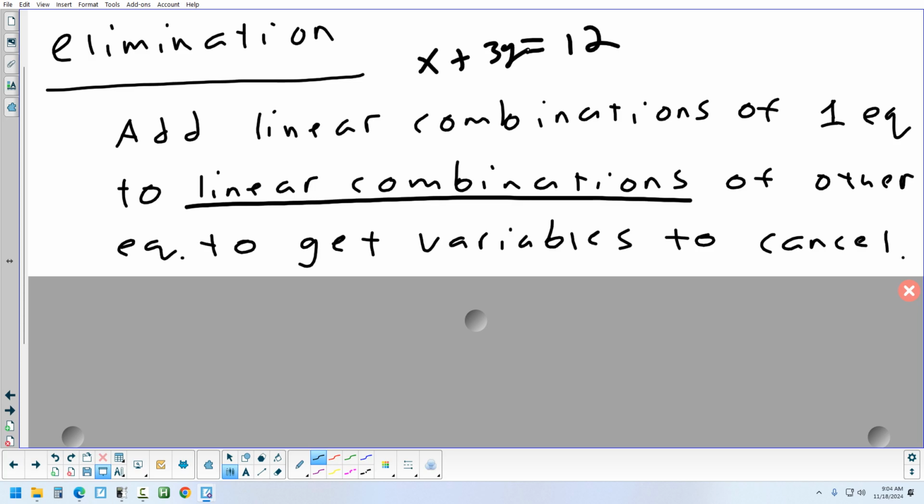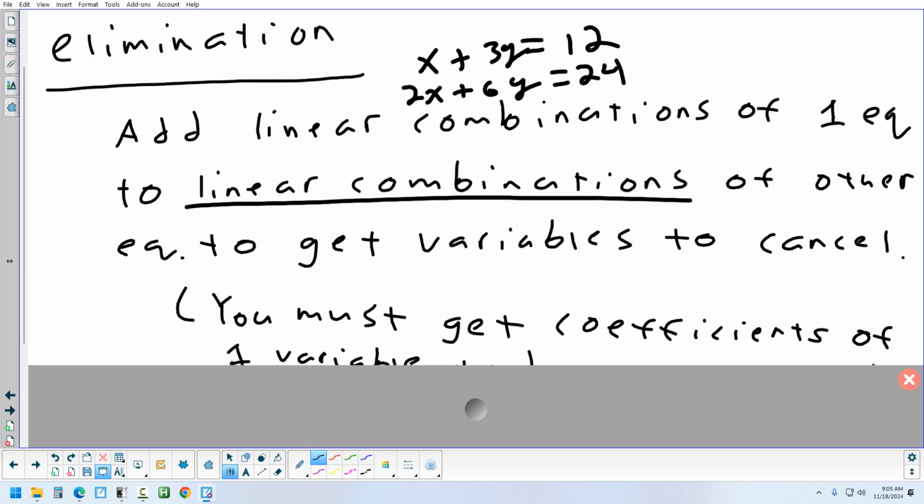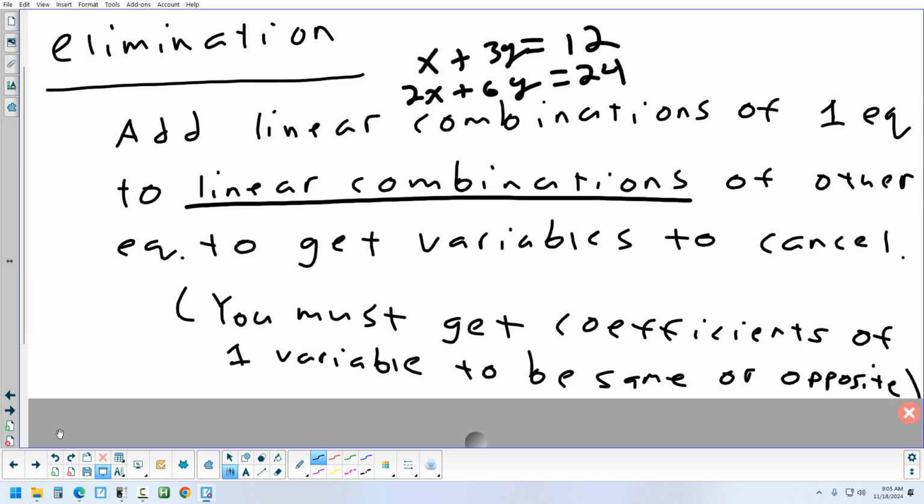This is a linear combination of that equation. What did I do to get that? Multiply by 2. Yeah, I multiplied the whole equation by 2. You can multiply an equation by any number that you want, except 0. You can't multiply by 0.